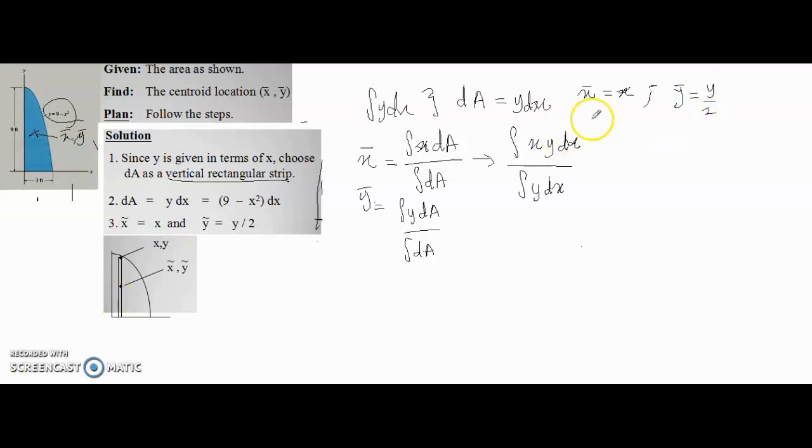And then your equation of y, the function of x, is equal to 9 minus x squared.